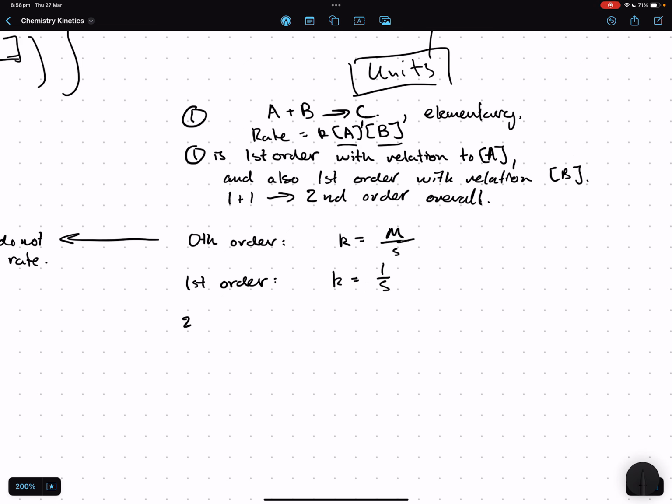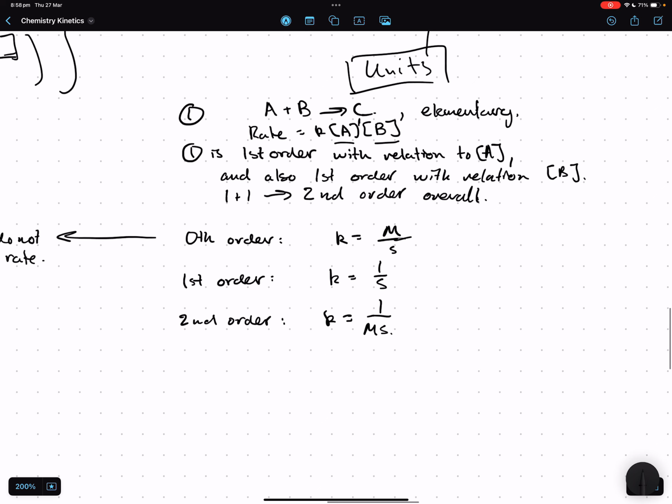Second order, we have k in terms of per molarity per second. That's how you would say that.